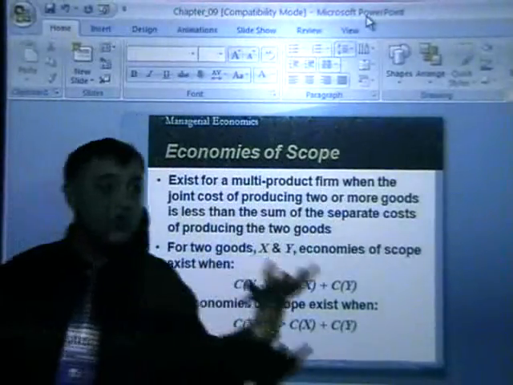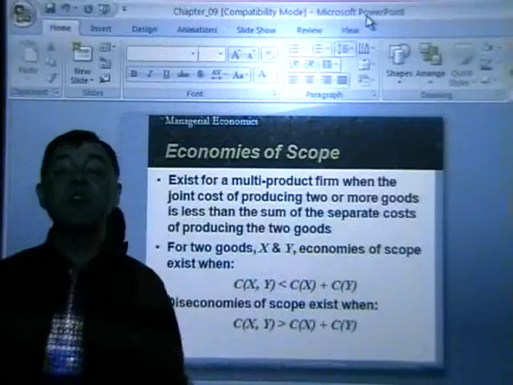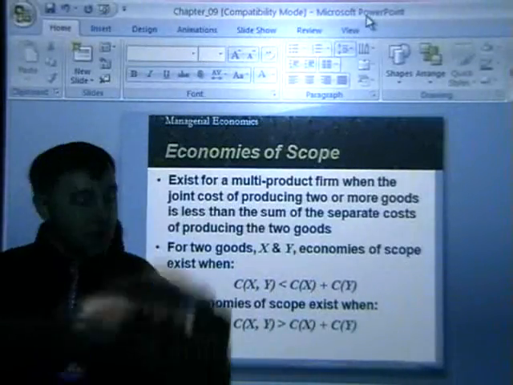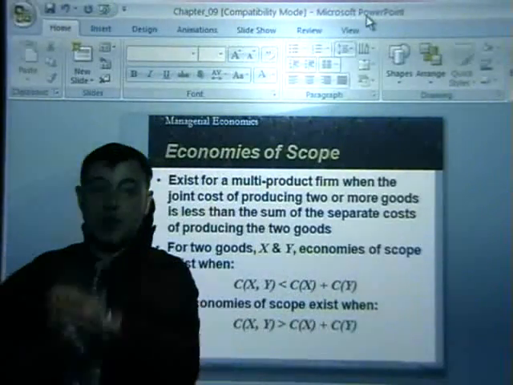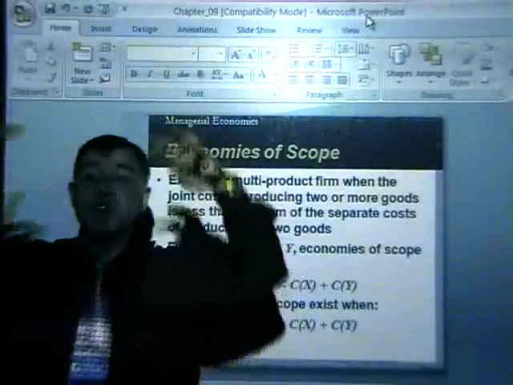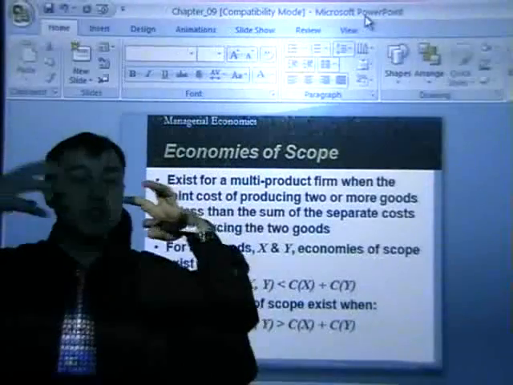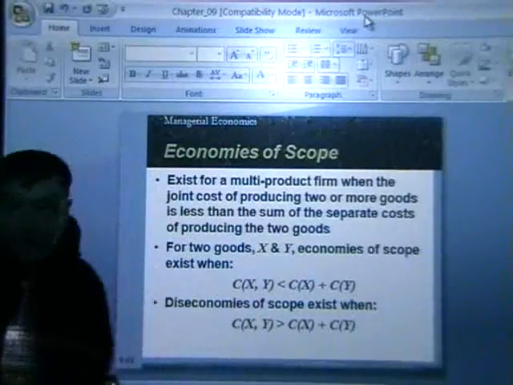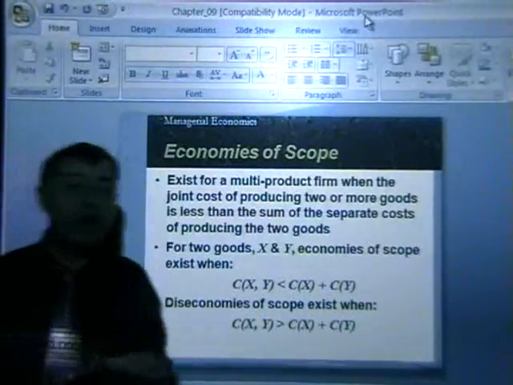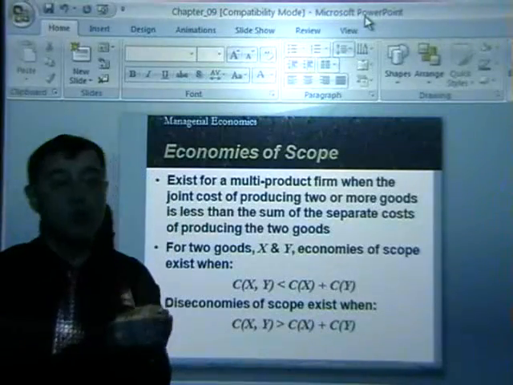Actually, running the two at the same time is even costlier, because not only do you have to run the one, you also have to run the other, but you also need a lot of levels of management to coordinate the two businesses, all right? For example, water pumps for a truck and a car might be almost the same.